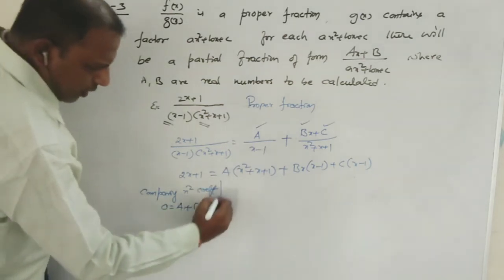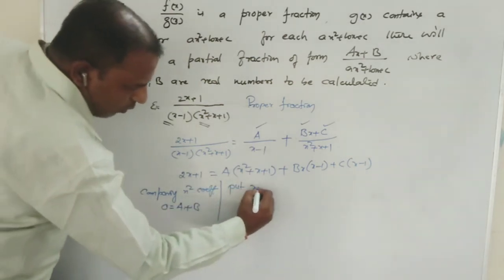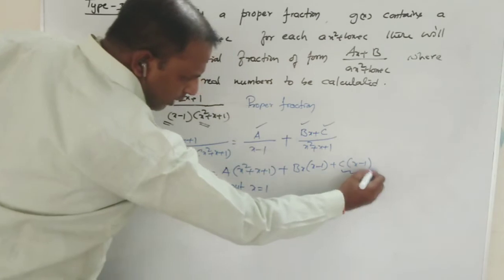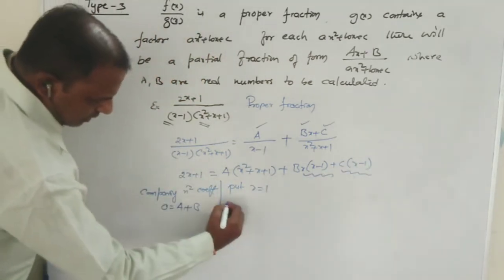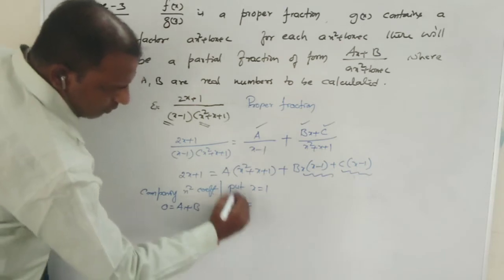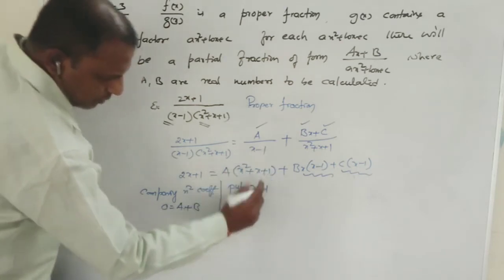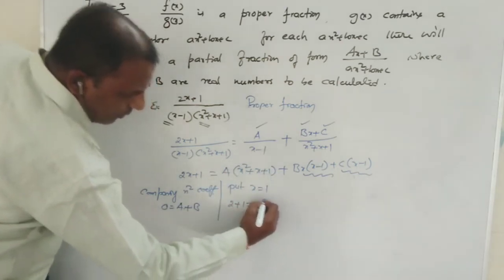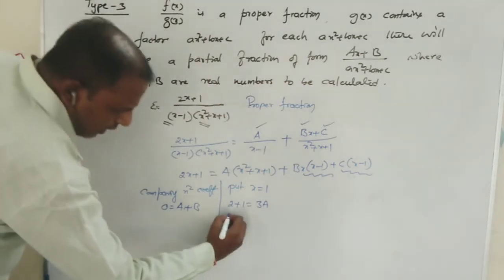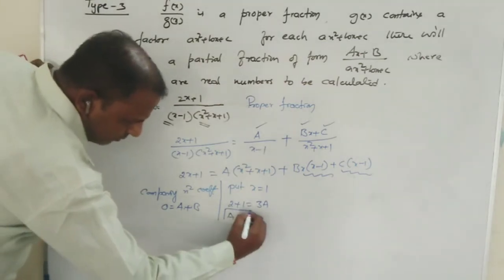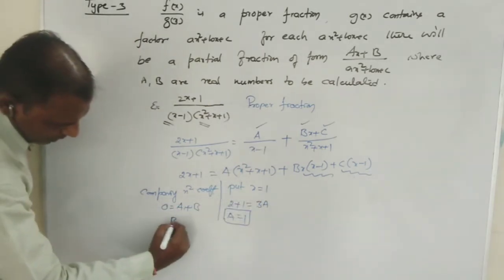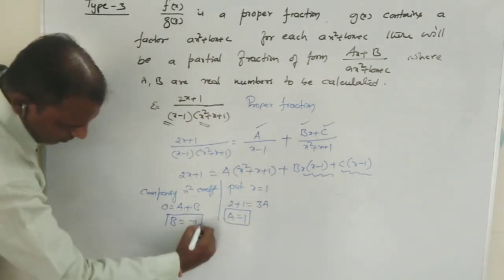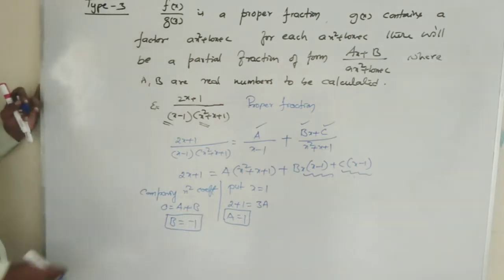And then when you put x is equal to 1, this becomes 0, this becomes 0. Therefore, LHS is 2 plus 1, which is equal to 3a. So a is equal to 1. When you substitute a is equal to 1, b becomes minus 1. What do we have to calculate?